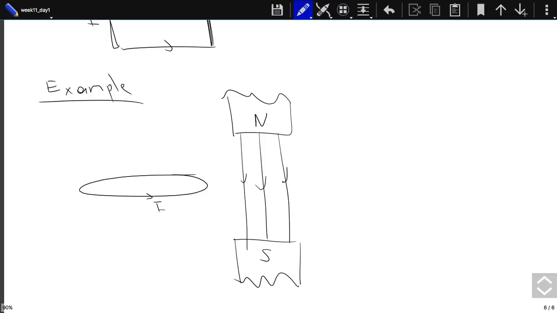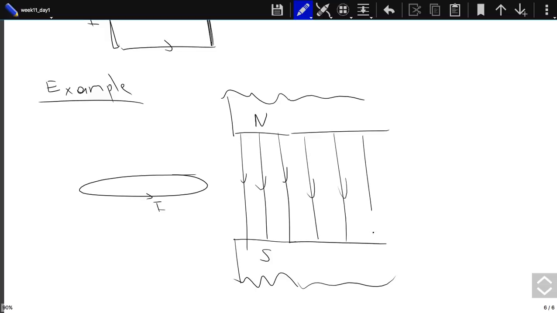And then we move these magnets to the place where we have this current.